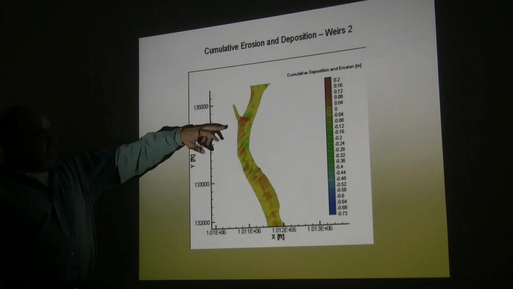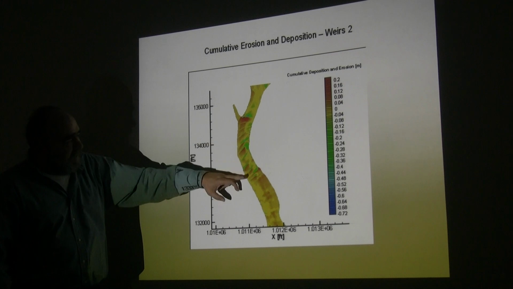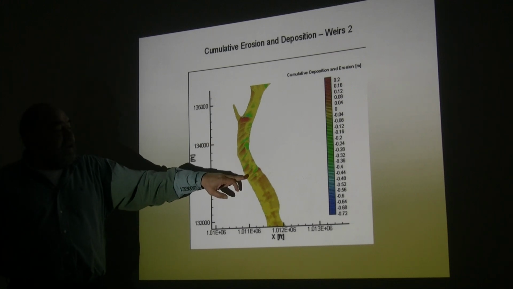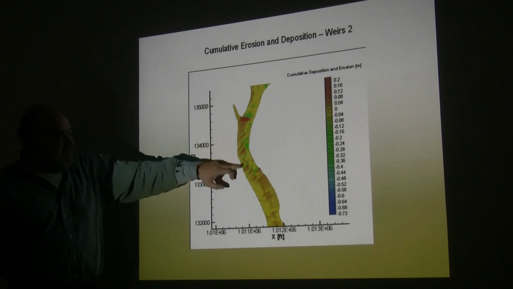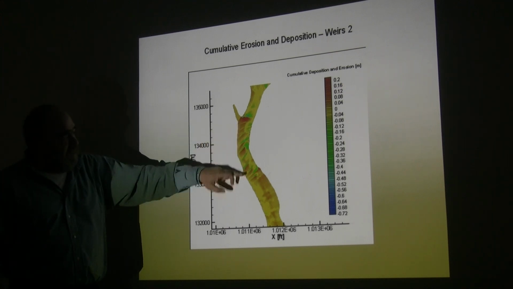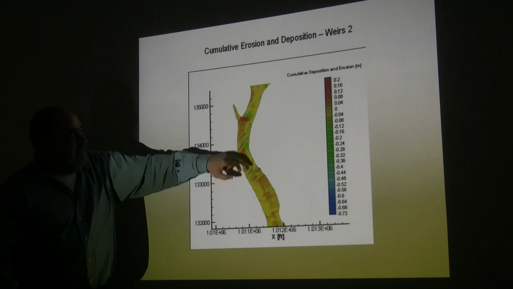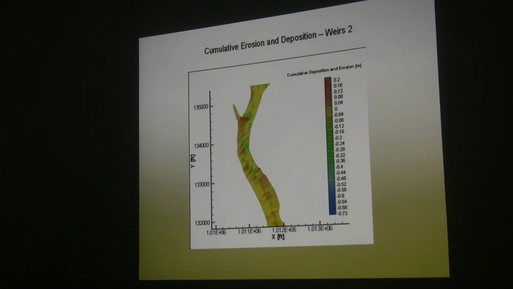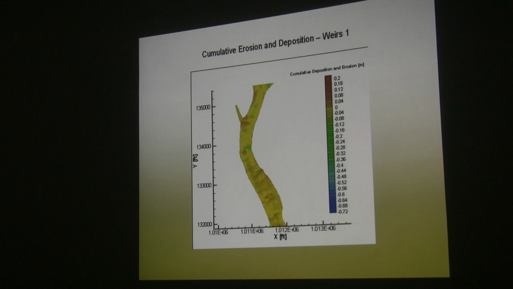And what we see is that this whole area with weirs here keeps the sediment, slows down the flow, and sends it the other way, and then we have areas of erosion along the inner side of the bend, and that's what essentially was the goal. And if we put back the previous one, we see that the second set is actually doing the better job.